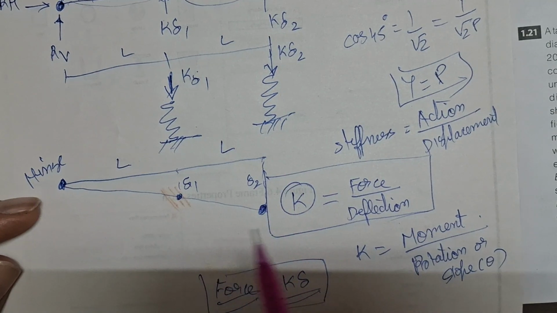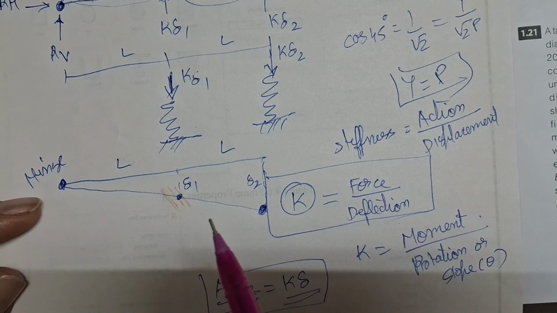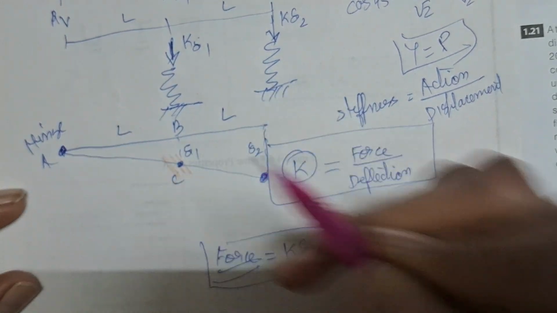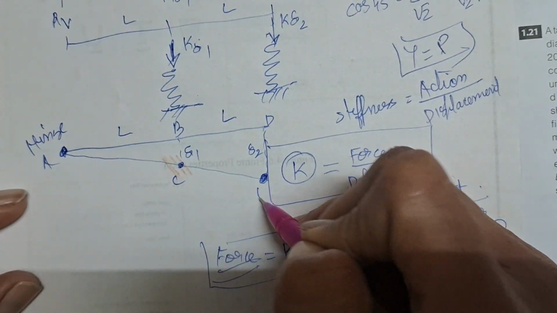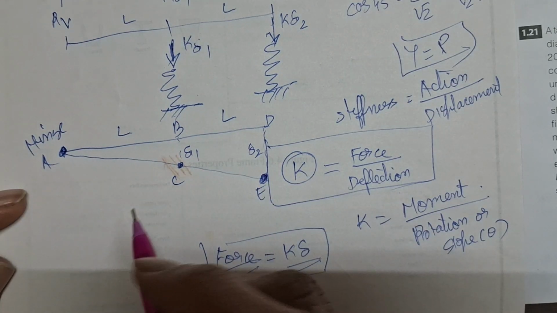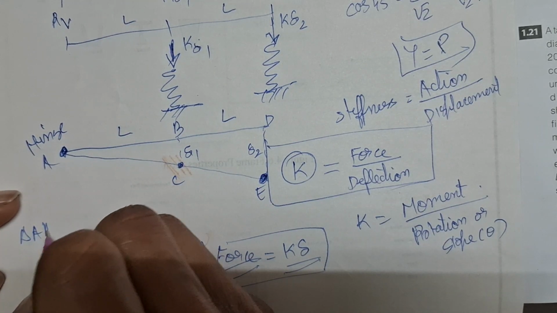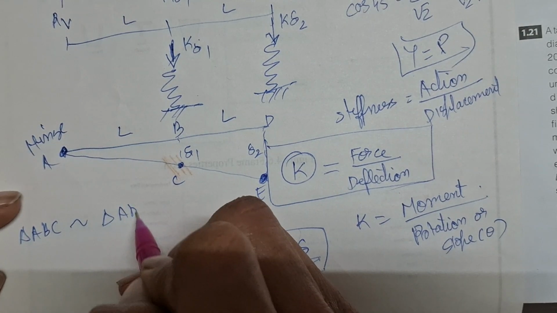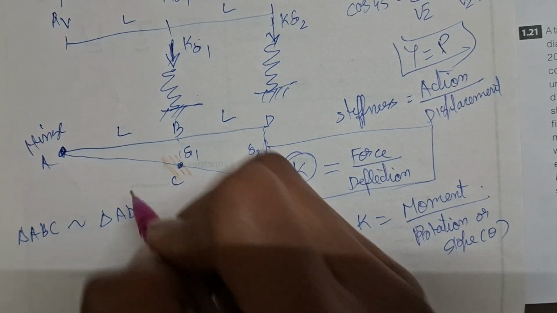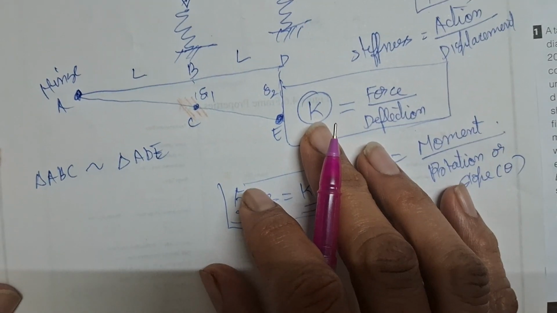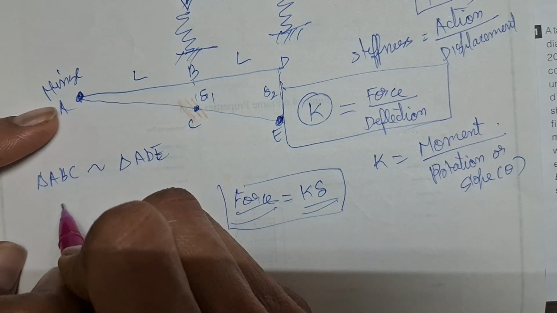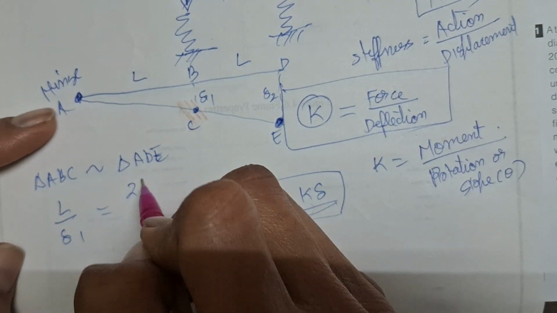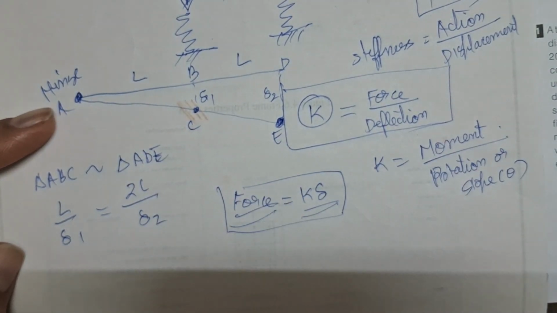Okay, now by using the principle of similar triangles, suppose let's name the triangle A, B, C, D, E. Okay, I have just named this triangle. So triangle ABC is similar to triangle ADE. By similarity of triangles, can I write that L upon delta 1 is equal to 2L upon delta 2, right?